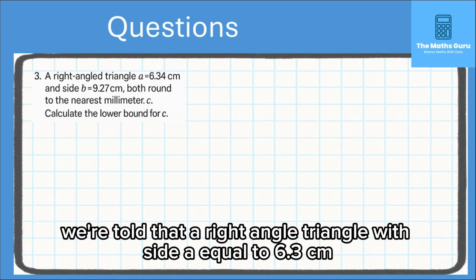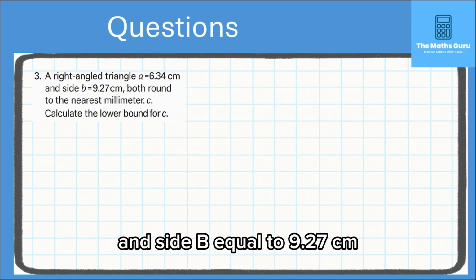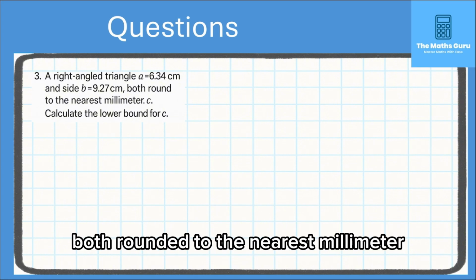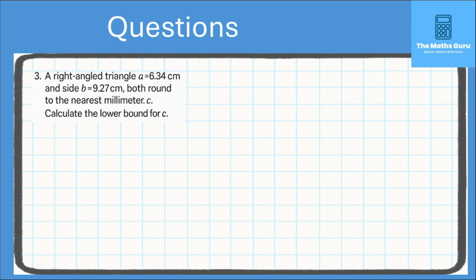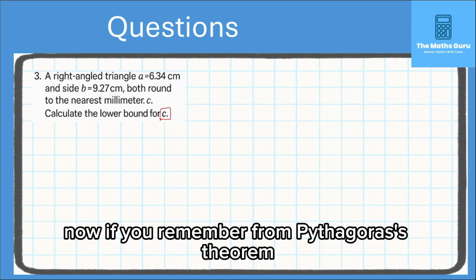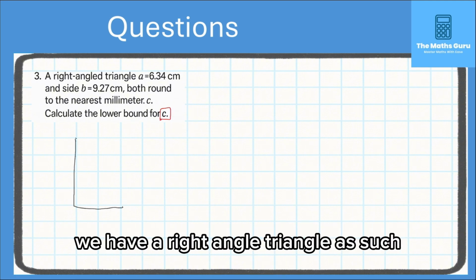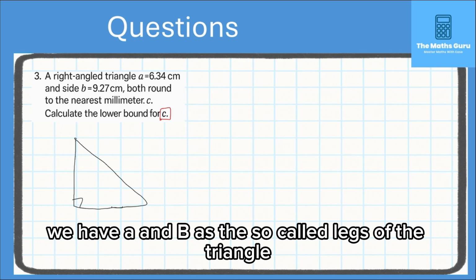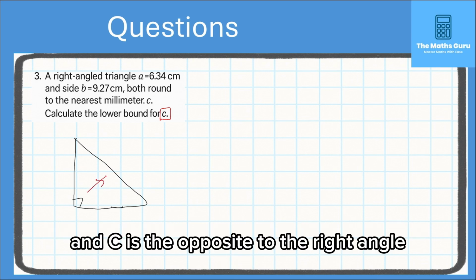Okay, in this question we're told that a right angle triangle has side A equal to 6.3 centimeters and side B equal to 9.27 centimeters, both rounded to the nearest millimeter. Calculate the lower bound for C. Now, if you remember from Pythagoras' theorem, we have a right angle triangle as such. We have A and B as the so-called legs of the triangle, and C is opposite to the right angle.